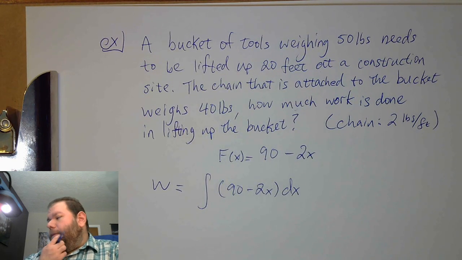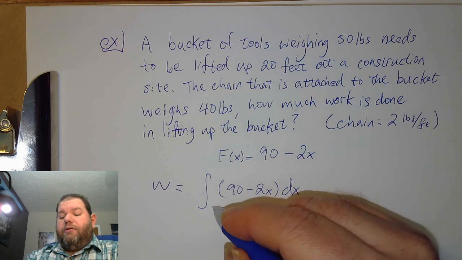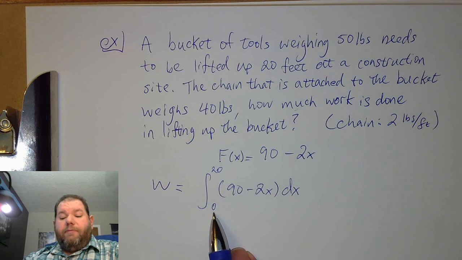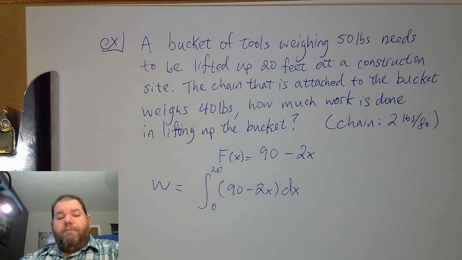So all we're really looking at when we look at limits of integration is basically a change in height. So that means we'll just integrate it from 0 to 20. So 0 is how many feet the bucket is off the ground when it starts, and we're raising it up to a height of 20 feet. And so it starts at 0, we raise it to 20, that's going to be our limits of integration.